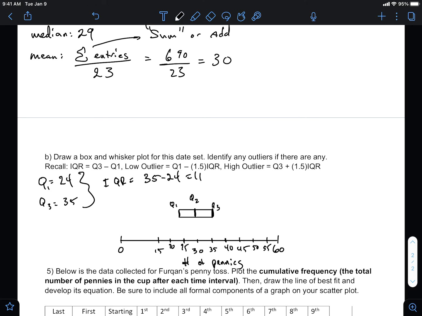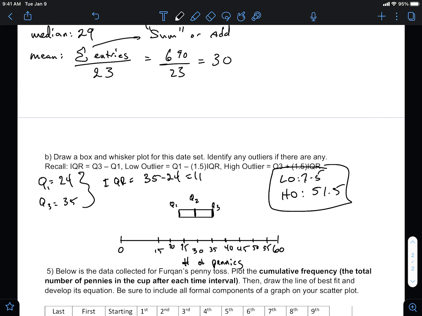Okay. Low outlier, you can just use this equation because we found the interquartile range. So the low outlier should be 7.5. And the high outlier should be 51.5.